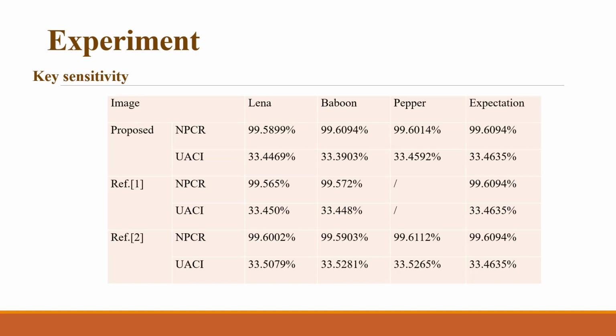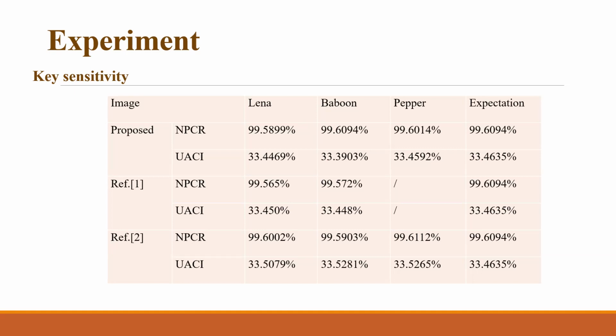Encrypt the same plain image through the two chaotic sequences respectively, analyze the difference between the two cipher images obtained, and calculate the values of NPCR and UACI.